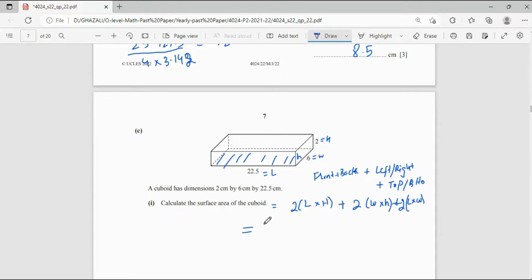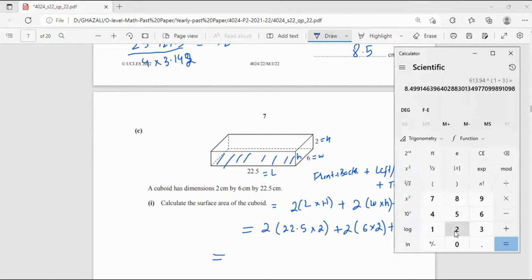Now put in the values. Length is 22.5 multiplied by height 2 centimeters, plus 2 into width 6 centimeters, height 2 centimeters, and the same for length 22.5 and width 6 centimeters.